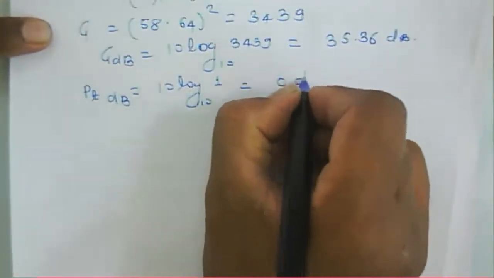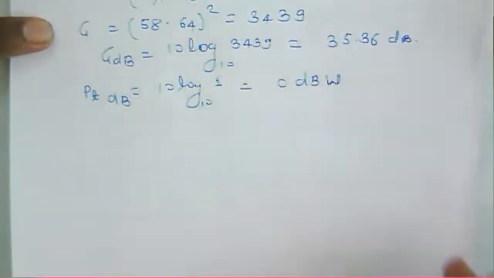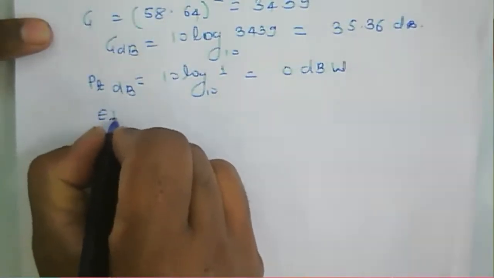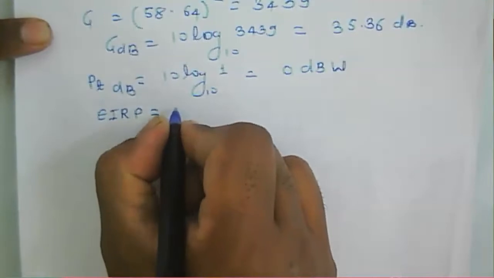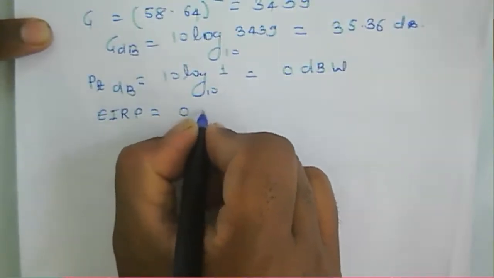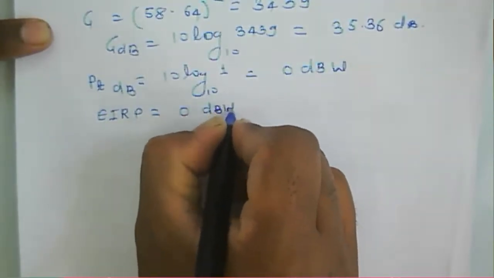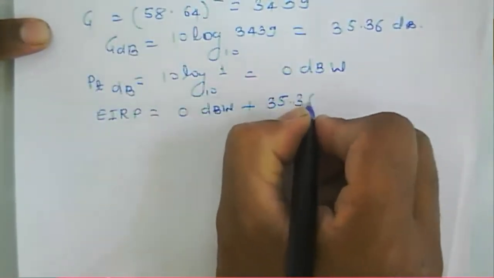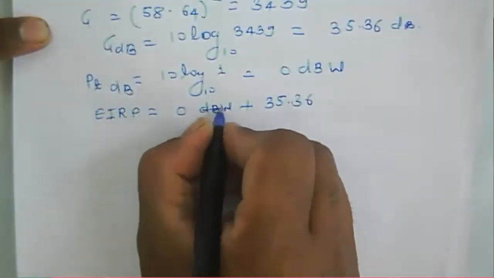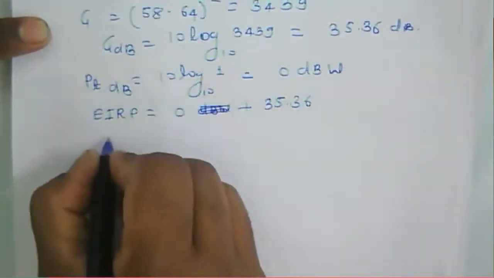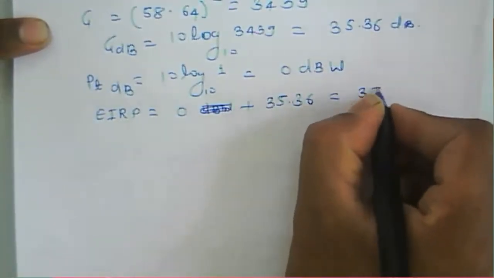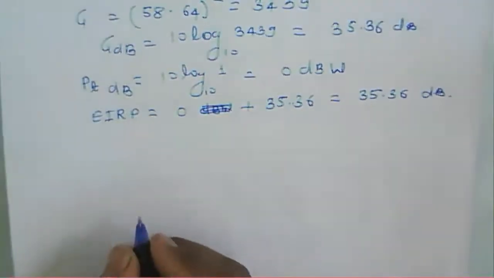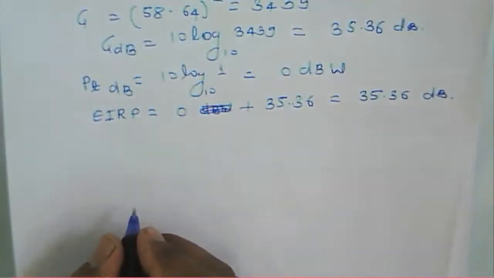After solving that, you will get 0 dB. That will be the transmitted power. So EIRP is equal to 0 dB plus 35.36 dB. So EIRP is nothing but 35.36 dB. That will be the effective isotropic radiated power.